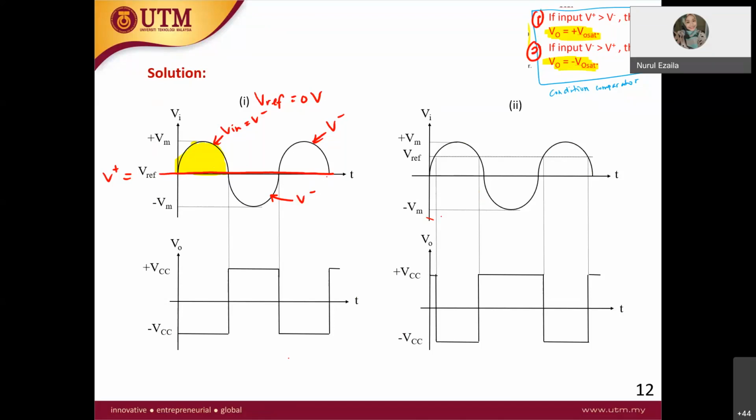V minus greater than V plus, correct. This is your line of V plus, V reference. Now all your V minus is above the V reference, therefore V minus is greater than V plus. Look at the table over here. So V out will be equal to what?